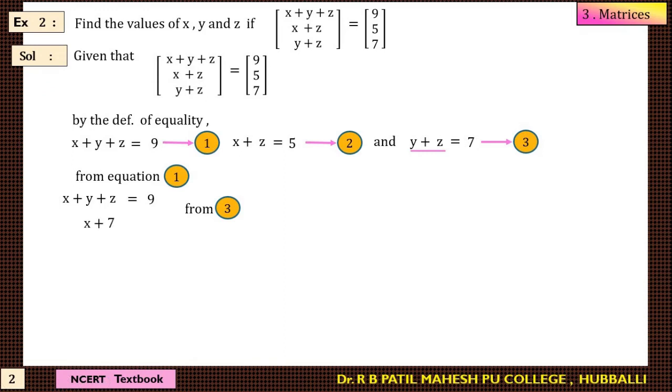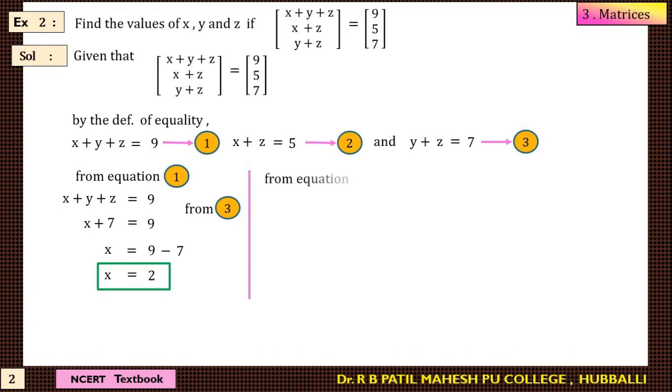Replacing, you will get x plus 7 equal to 9. Transfer this 7 to the right side, you will get x is equal to 9 minus 7, which is 2. So this is the value of x.